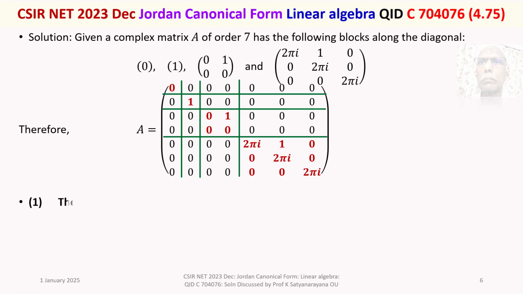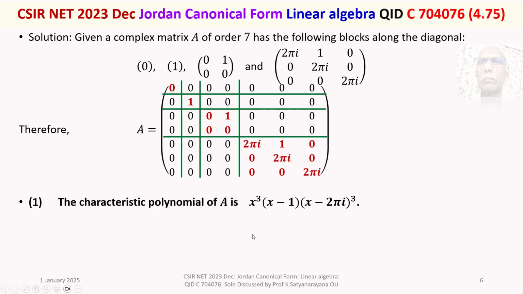We now take up option 1. The characteristic polynomial of the matrix A is x cube into x minus 1 into x minus 2 pi i whole cube. Now, how do I calculate the characteristic polynomial of this block diagonal matrix?